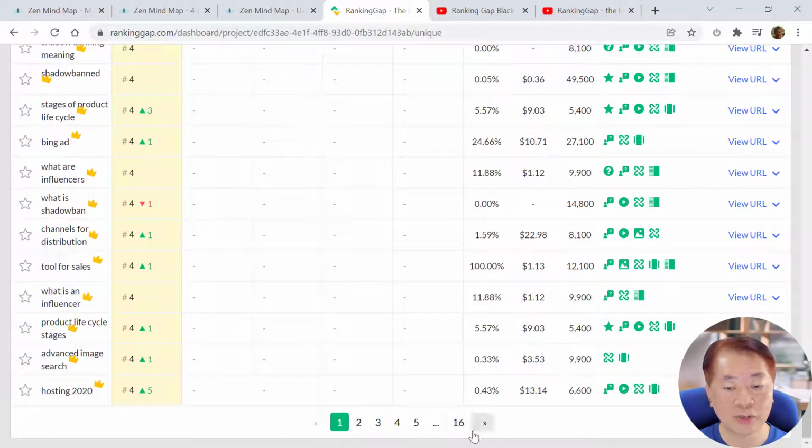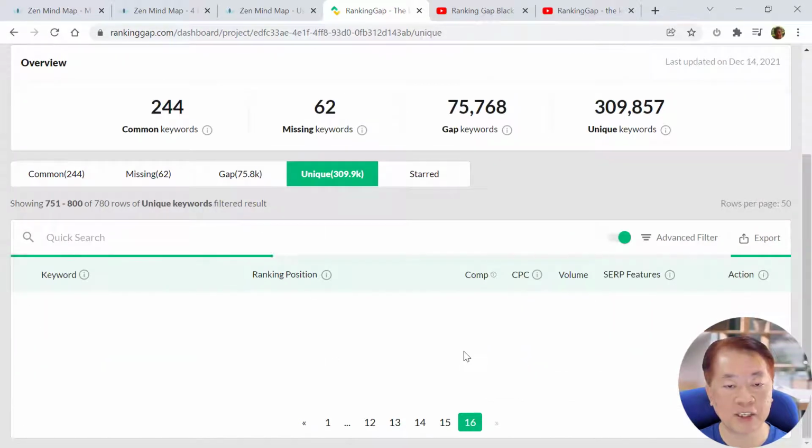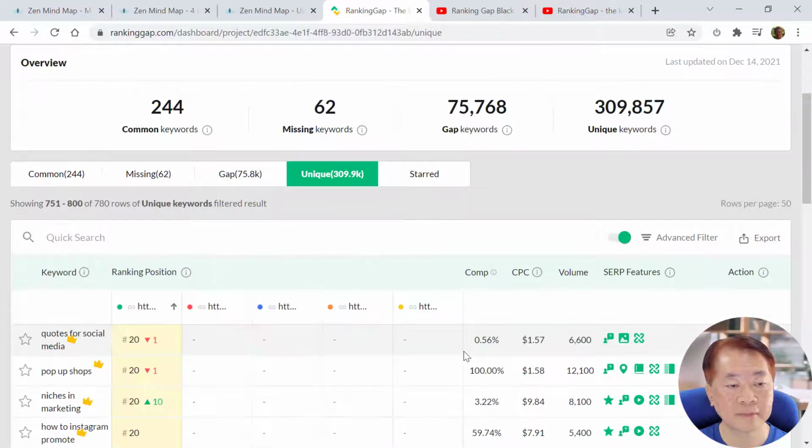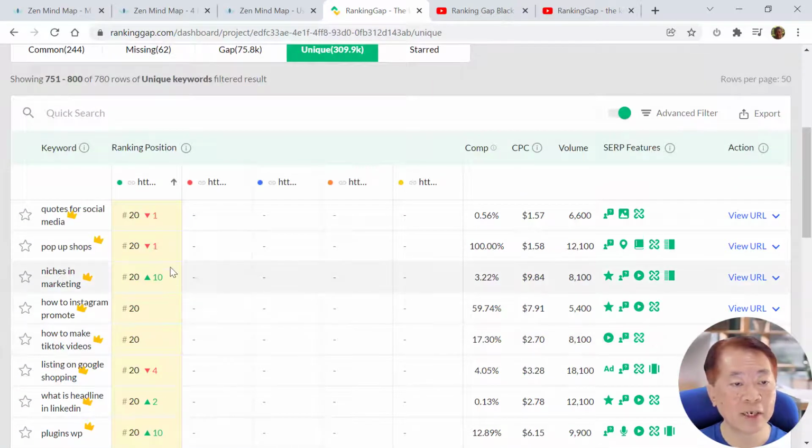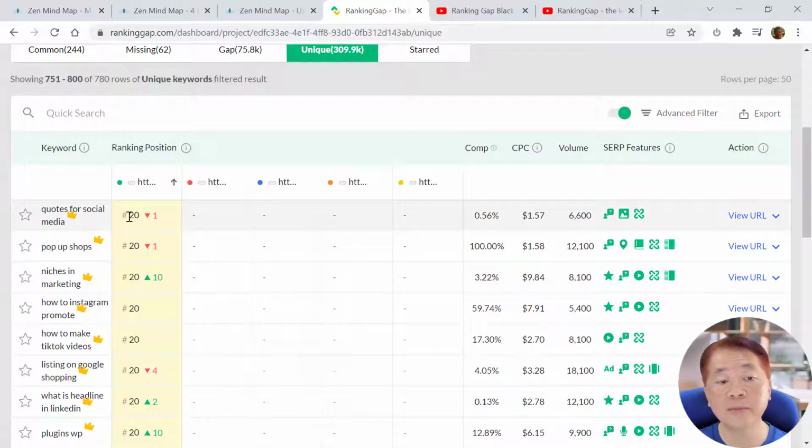So you scroll down, or maybe you scroll to page 16. Okay, so you can see that these are the keywords that you have to take care of. Like now, this keyword is at 20th position. It actually dropped from 19th to 20th.